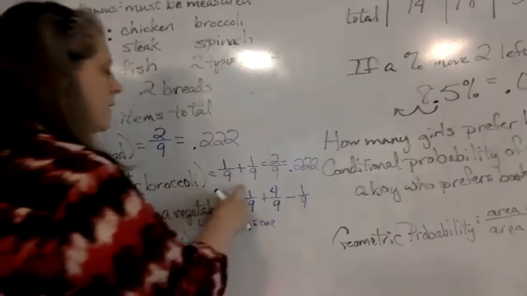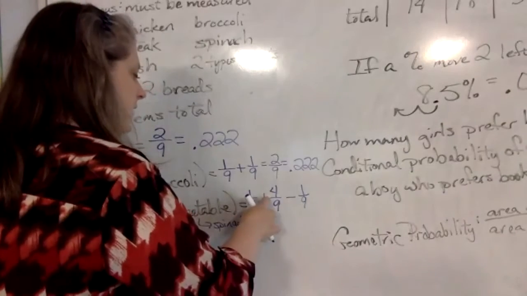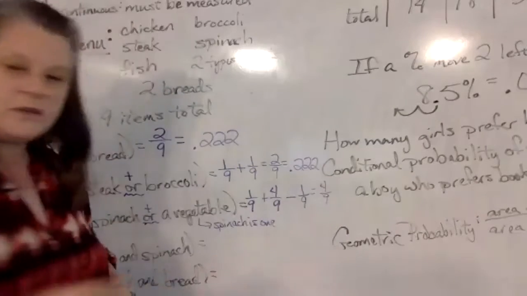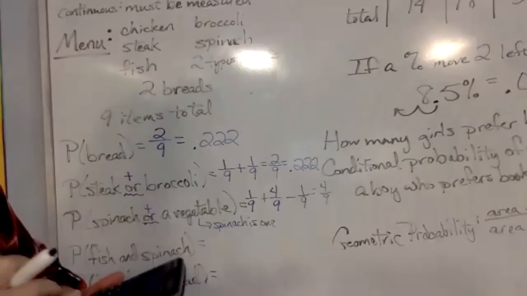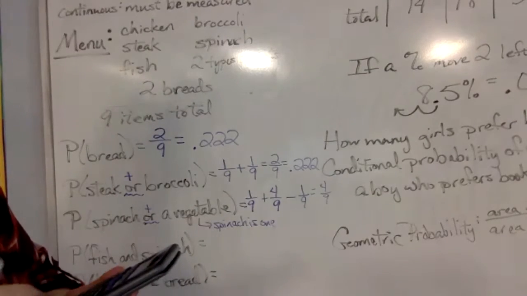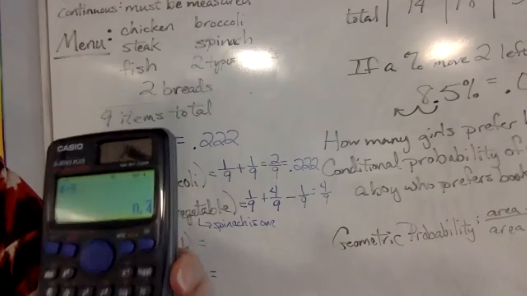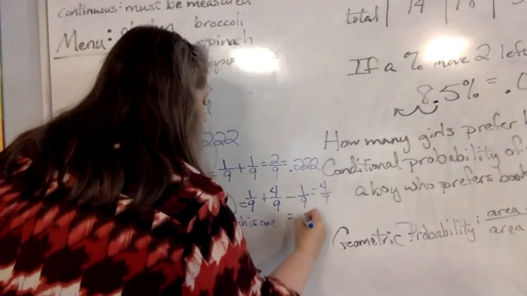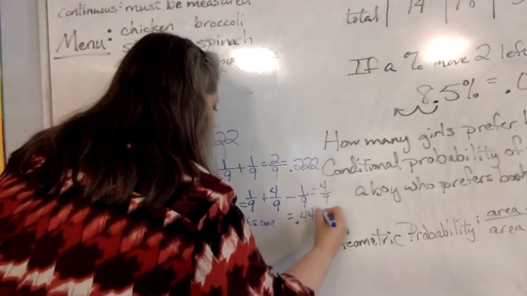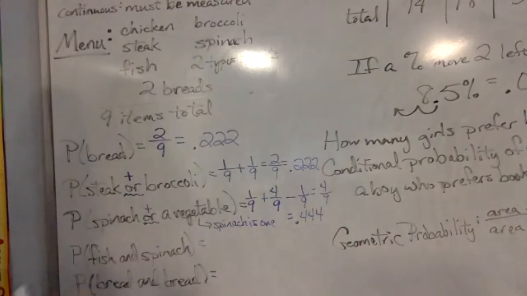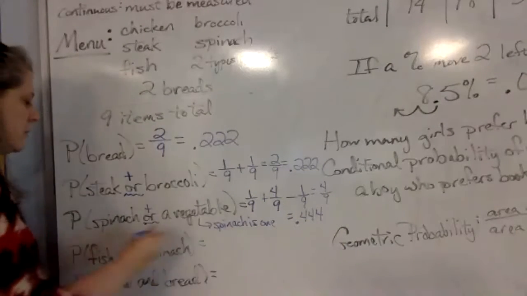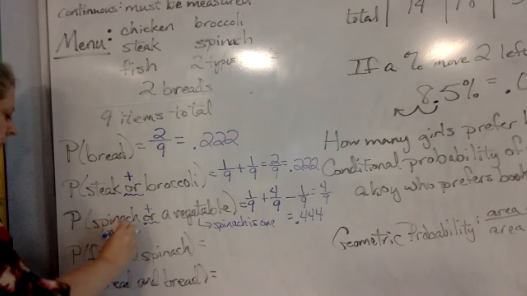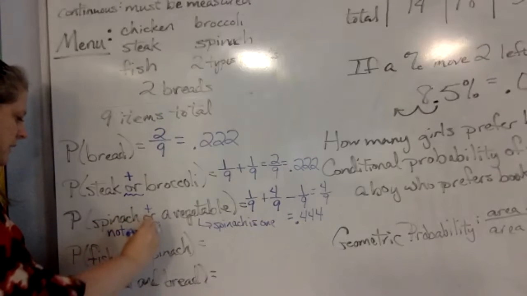So I have 1/9 plus 4/9 is 5/9 minus 1/9 is 4/9, and then you do it on your little handy dandy calculator. 4 divided by 9, and you get your decimal for repeating. So it will be 0.444. So this, remember, since spinach is one, I said it is one that is not mutually exclusive.